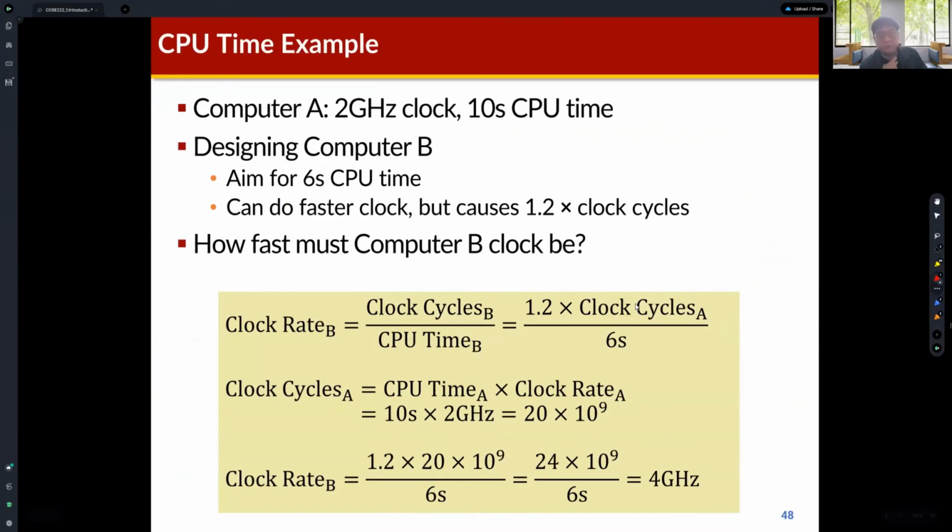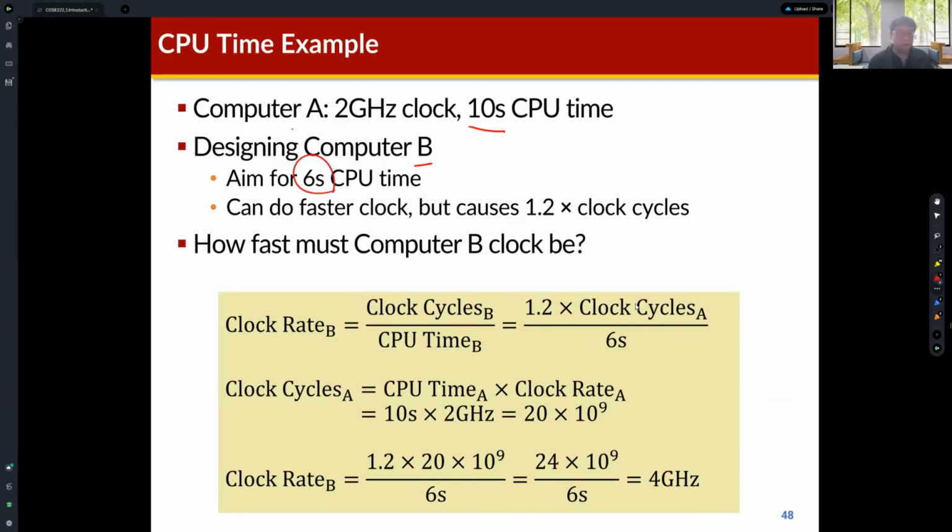Okay, this is an example. Computer A works with a 2 gigahertz clock, and CPU time is 10 seconds. Then we can easily compute the number of cycles for computer A. And then you are requested to design a new computer B with the CPU time reduced to 6 seconds.